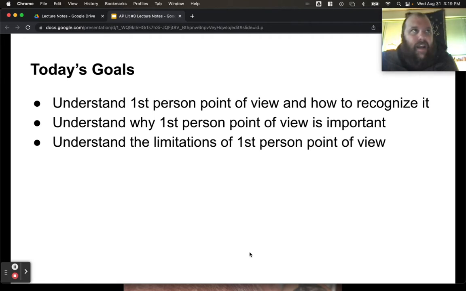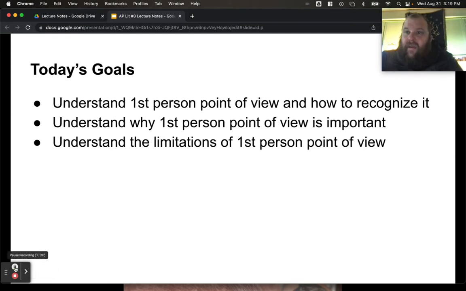You could probably answer that question right now. Excellent. That's great. The second and the third might be a little more nuanced and something maybe you haven't thought through or been taught yet. And so understanding how first person point of view is important and understanding the limitations of first person point of view are also main goals today.